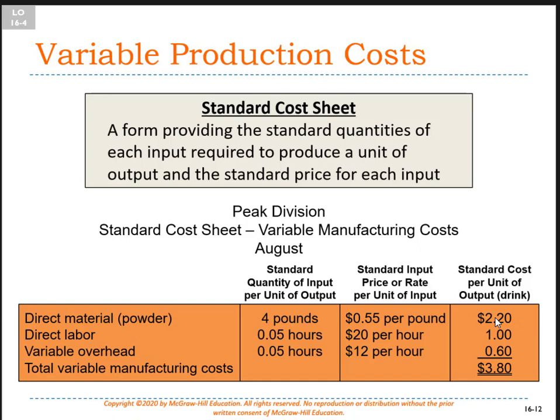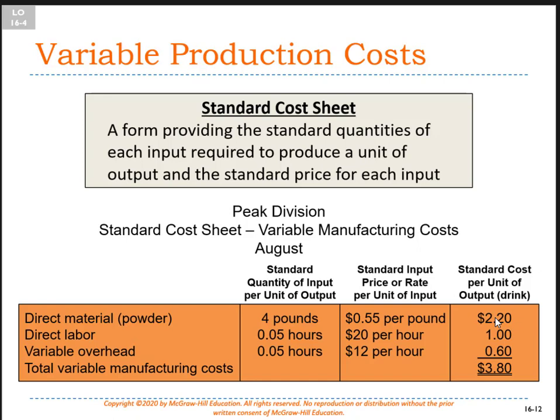Now, if variable overhead is done using machine hours or some other measure of activity that we learned about back in activity-based costing, then we would have our standard quantity per whatever that cost driver is. So if it was machine hours, it would be how many machine hours per unit of output. And then what's the cost to run those machines? Electricity, maintenance, all that stuff would be per machine hour.